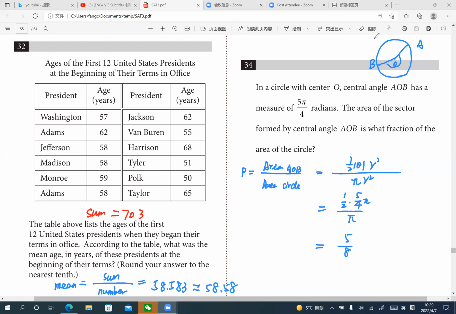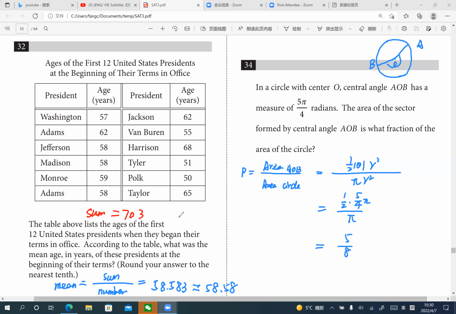The formula of mean is equal to the sum divided by the number of values in the set. The sum of the ages of those 12 United States presidents is 703, and the number of values in the set is 12.